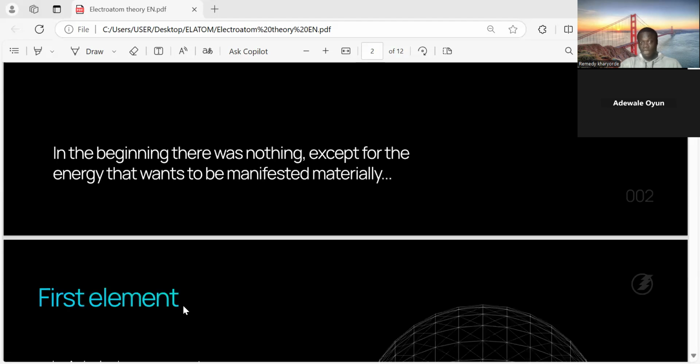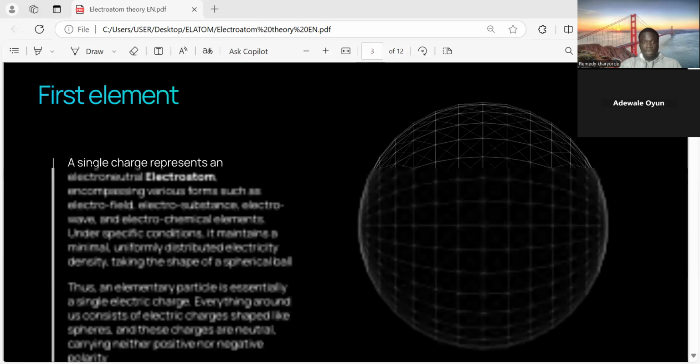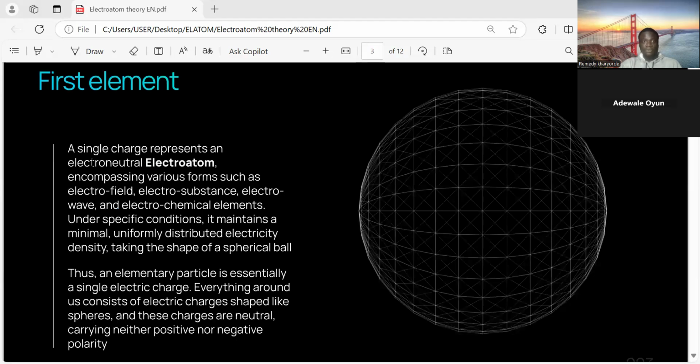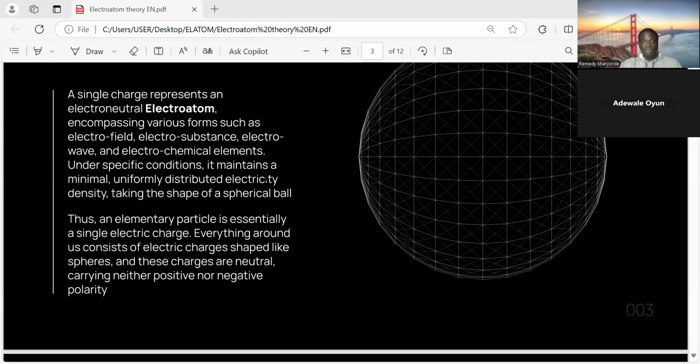The first element of the energy that was manifested materially, it is said in the slide here, a single charge represents an electroneutral electroatom encompassing various forms, such as electrofield, electrosubstance, electrowave, and electrochemical elements under specific conditions. It maintains a minimal uniform distributed electricity density, taking the shape of a spherical ball.